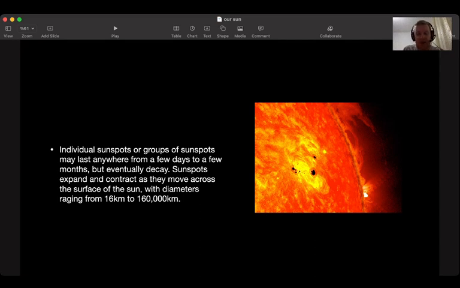So a lot bigger than Earth, guys. But whenever a sunspot appears on the sun that's the same size as Earth, it will look like this big, guys. Just this tiny little bit here is actually the size of Earth.